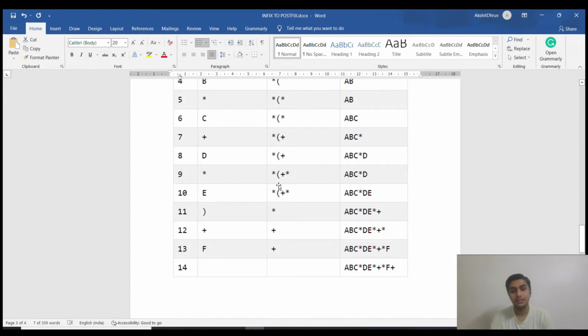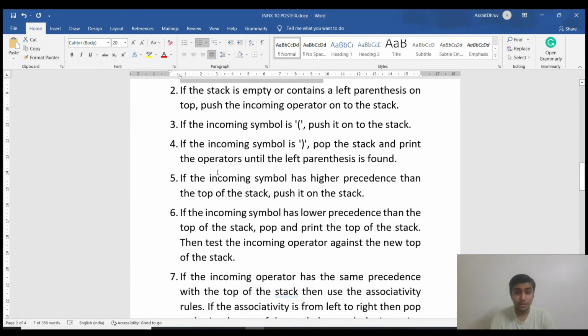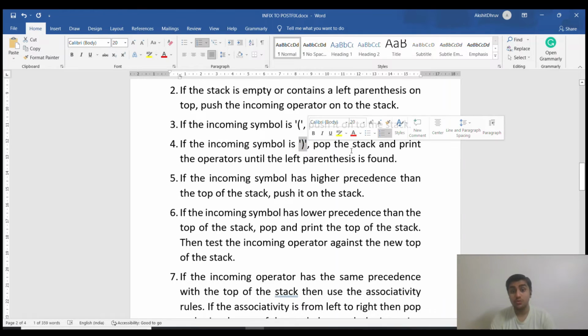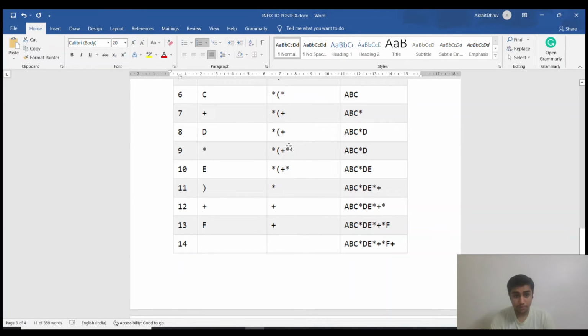Now the right parenthesis comes, then there is a rule: if the incoming symbol is a right parenthesis, we will pop the stack till we find the left parenthesis. So we go on popping.